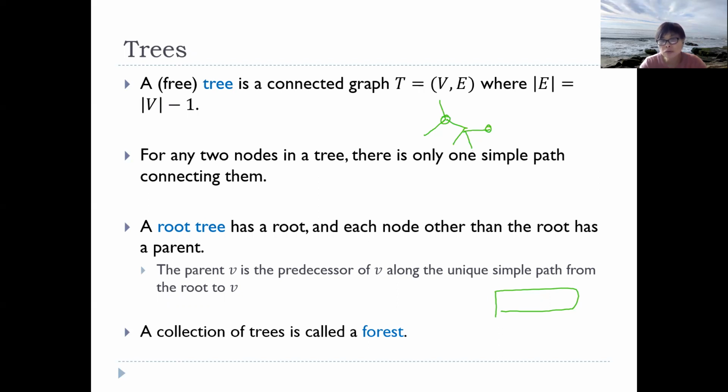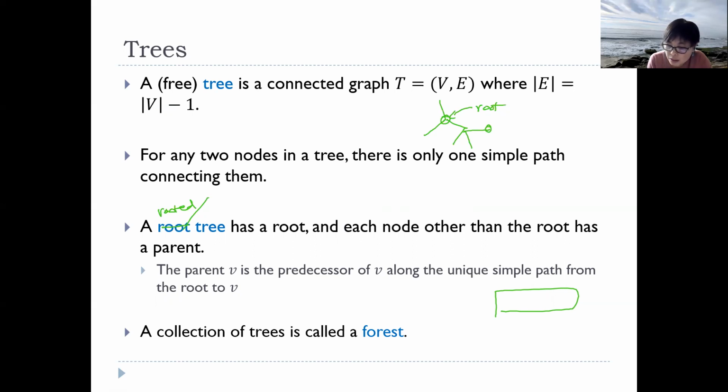Now a rooted tree has a root basically, and let's say suppose this is the root of the tree, and all other nodes in the tree, other than the root itself, have a parent which indicates the tree structure.